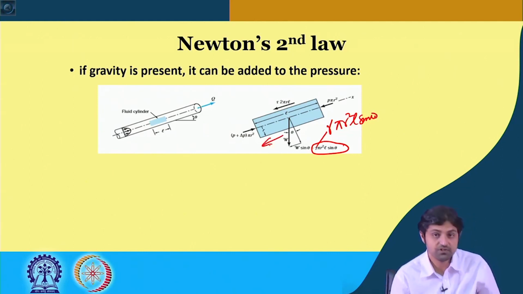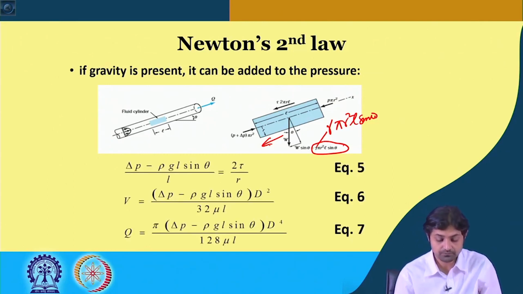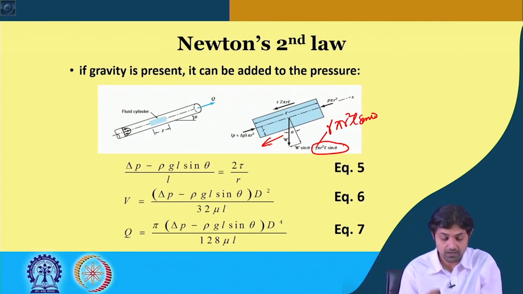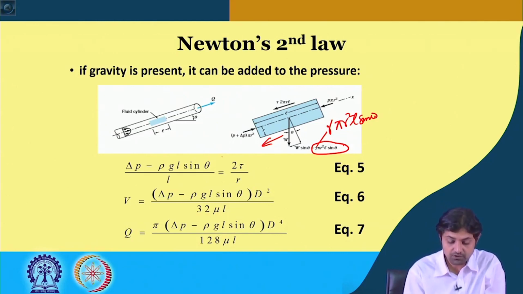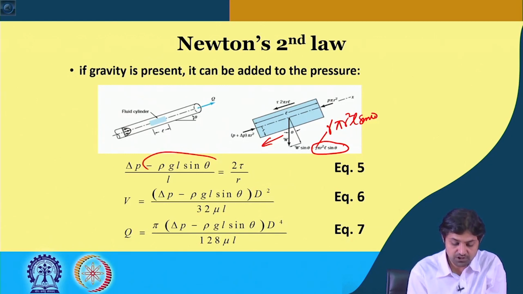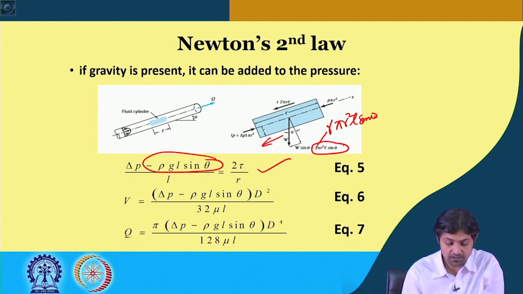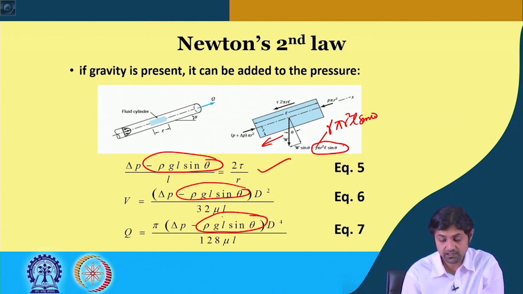Our analysis will change a bit, but instead of delta p we are going to get components like minus rho g L sin theta in equation number 1 when we calculate the velocity, and Poiseuille's law will change with minus rho g L sin theta.